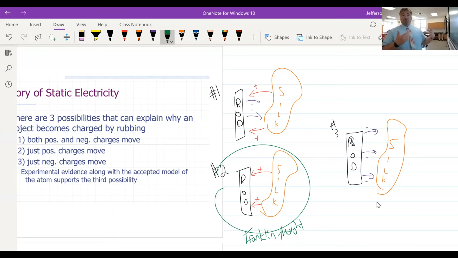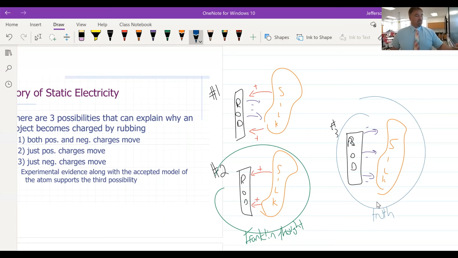We now know that positives do not move. In reality, this is truth for solids: in solids, only the negatives will move. That's because of valence electrons, and we'll talk about that a little bit more.